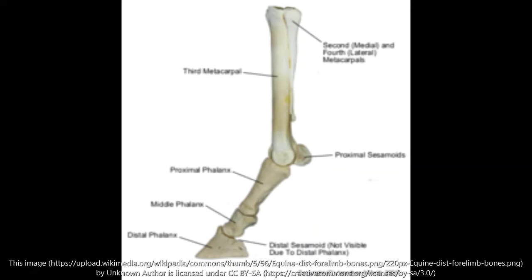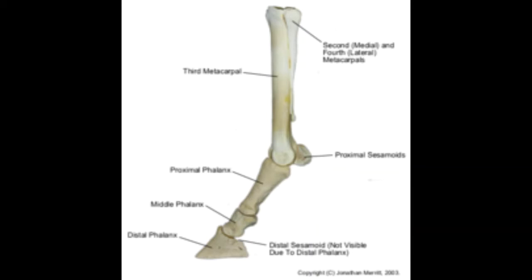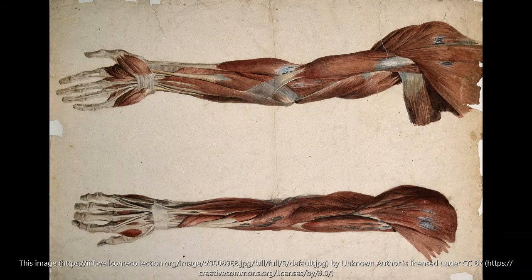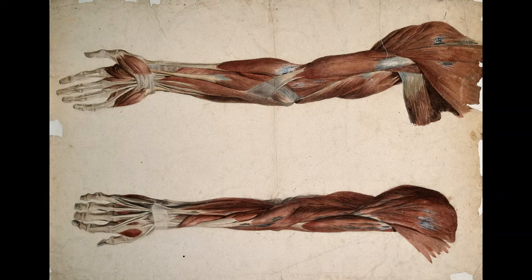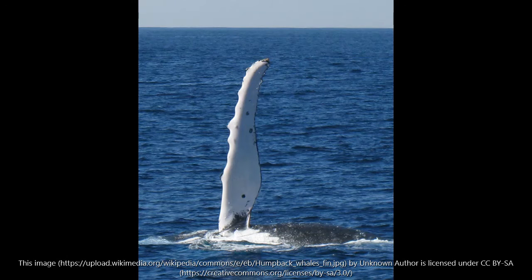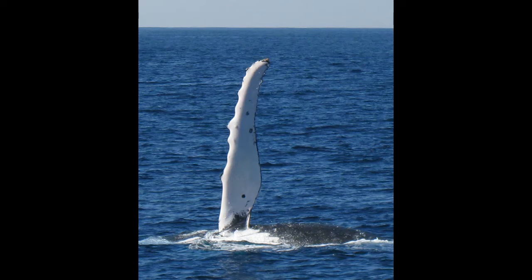The next few pictures we're going to see are a horse's hoof, a human arm, a whale fin, and a bat's wing. Again, they don't look like they have a whole lot in common, but if you look at the last picture, it shows all of them together, or I think it's the cat paw instead of the horse's hoof.